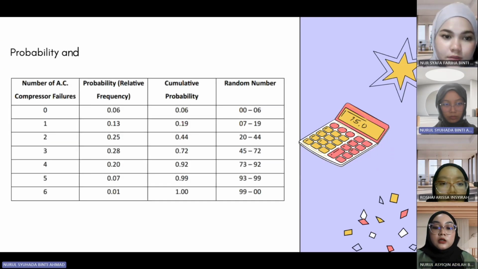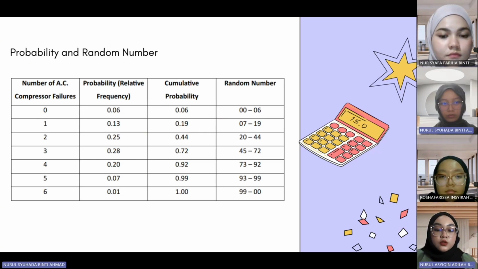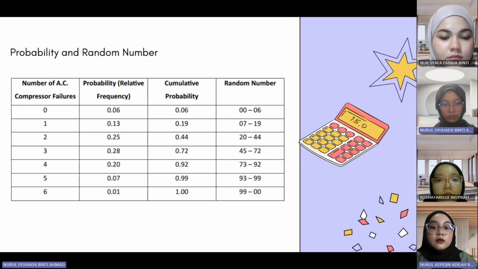Next. So the first step is to define the probability distribution of compressor failure. So the probability is for 0 to 6 failure as follow on the table. So as you can see, 0 failure is 6%, and 1 failure is 13, and 2 failure is 25%, and so on.